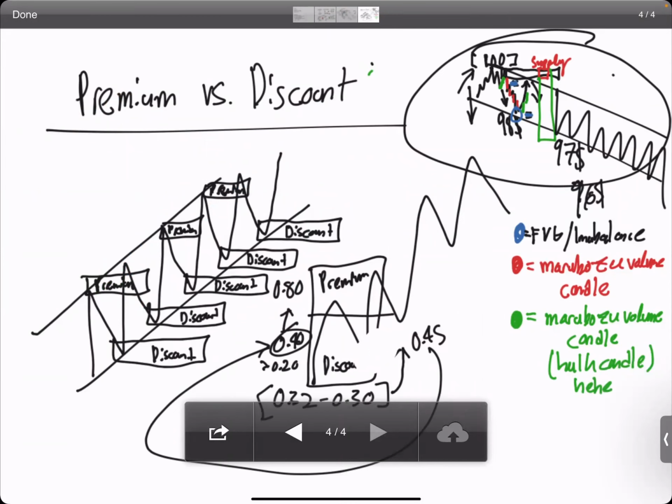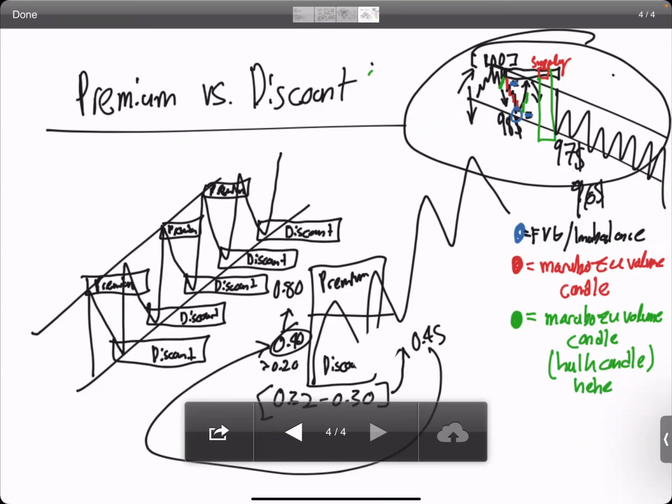And we can see that a little bit better on the circle on the top right. We have that green line, which is going to represent our Marubozu candlestick. Strong volume candle, right? First green candle before an aggressive push to the downside. That's how we identify supply. The Marubozu volume candles, which are red, indicate strong selling pressure.